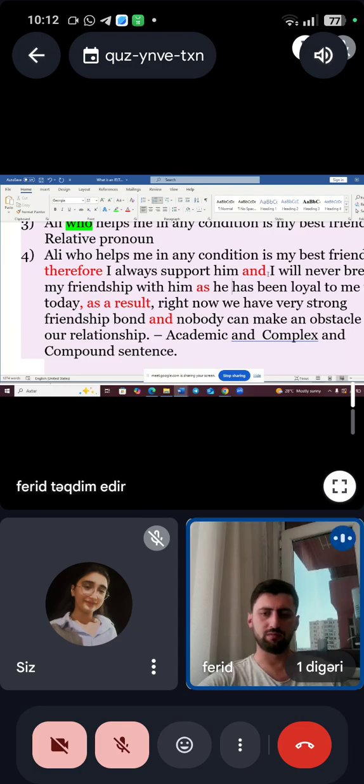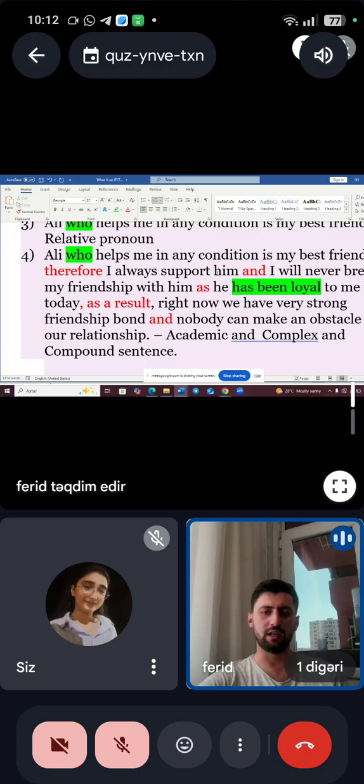What else can I show? I can show that I know some grammar points, for example academic grammar structure: has been loyal, this is present perfect. And who helps in a condition, who relative pronoun. I showed that I know relative pronoun and present perfect.